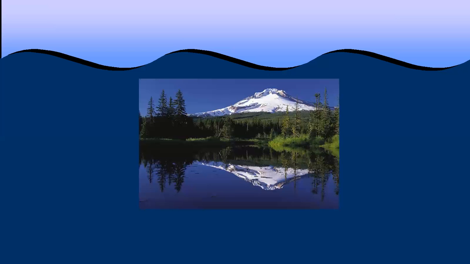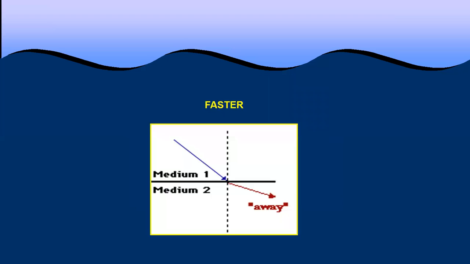What is this a picture of? This is a picture of a behavior of reflection. If you look at the lake, you can see it's almost a mirror image of the mountain and the sky. So what is this a picture of? All right, this diagram showing us the behavior of refraction. That is correct, refraction.